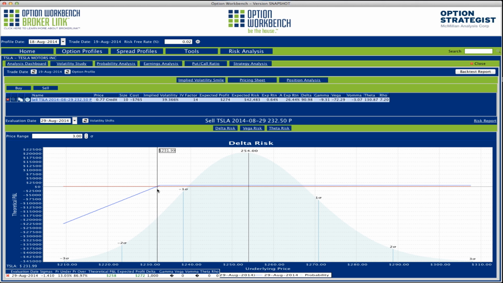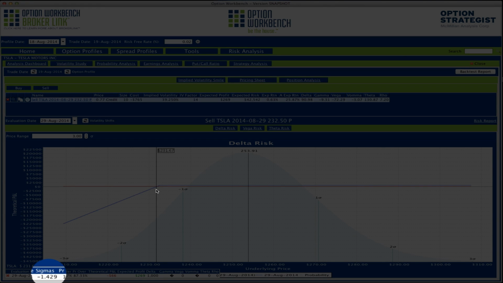If I move down to the break even, which is down here at 230, what do we got here? 231.70 approximately. I can see that that is 1.43 standard deviations away from the current price.